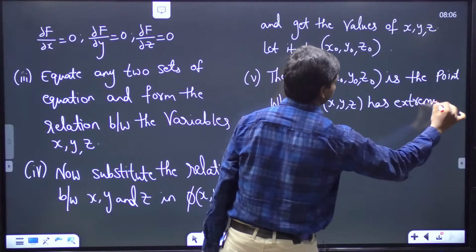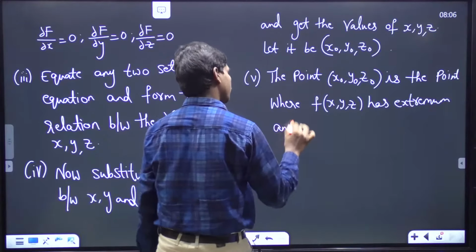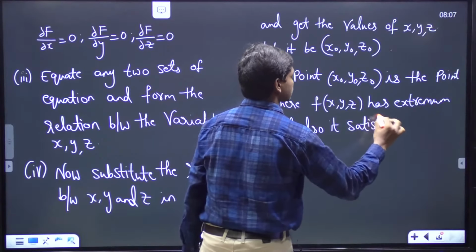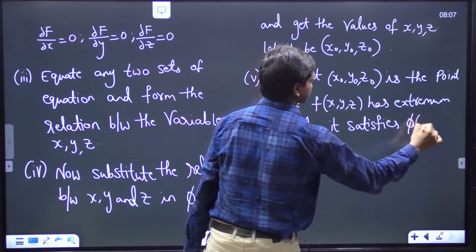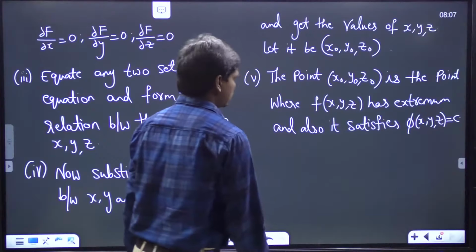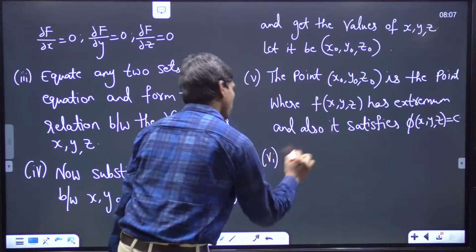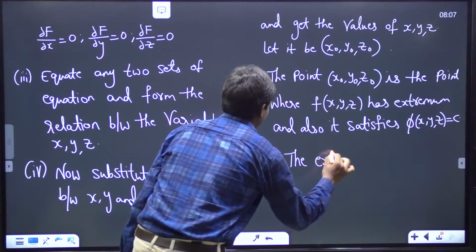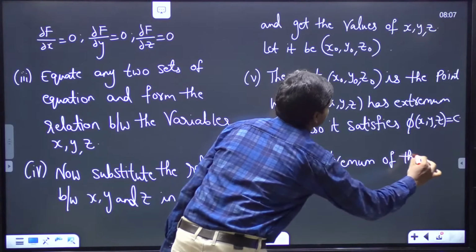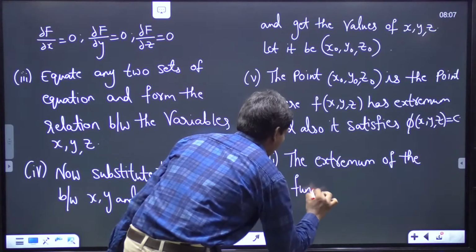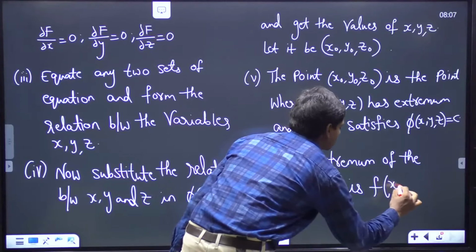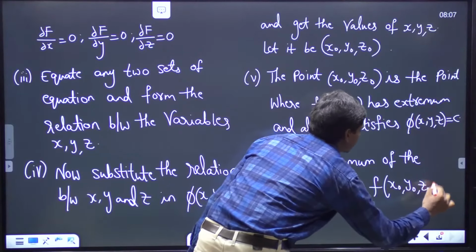Basically, it can be a maximum or a minimum, and also it satisfies phi of x comma y comma z is equal to constant. Okay, then sixth point, the extremum of the function is f of x0, y0, z0.